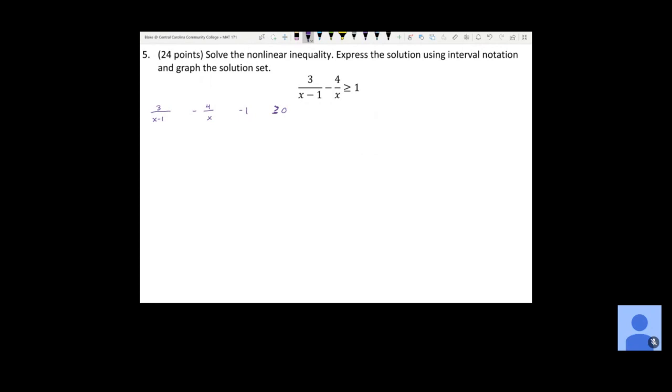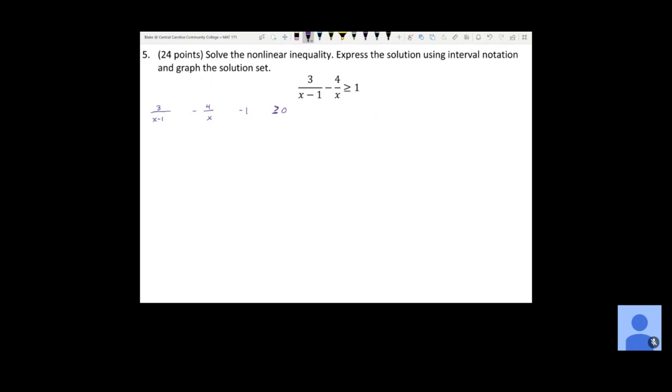All right, now, if I want to combine all of these, what would my common denominator be this time? Okay, we need the x and the x minus 1. Because remember, in this case, the 4 over x and the 3 over x minus 1, we need both pieces here. So we need x times x minus 1.